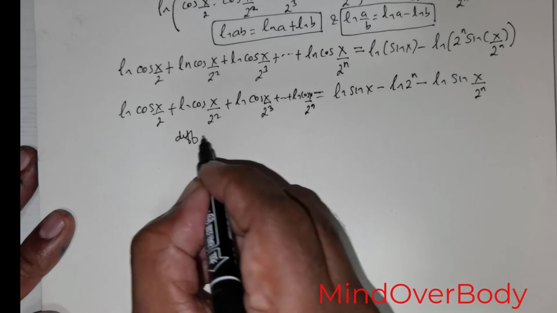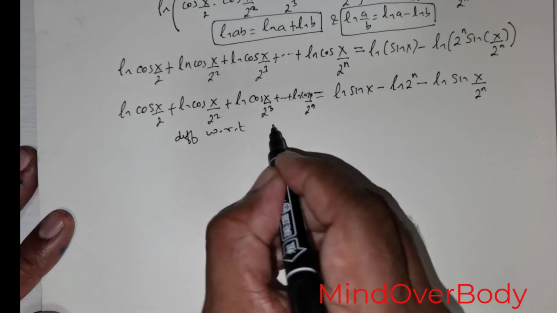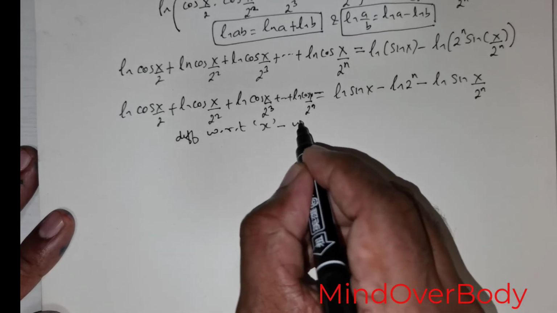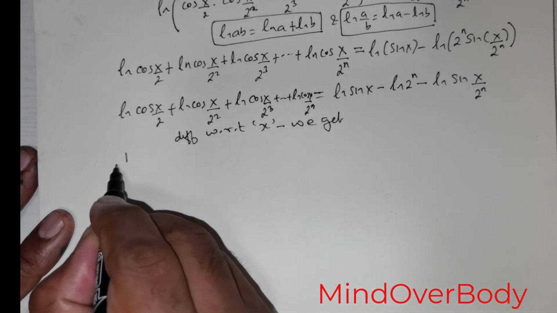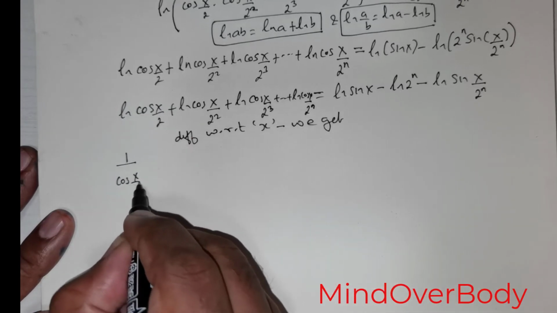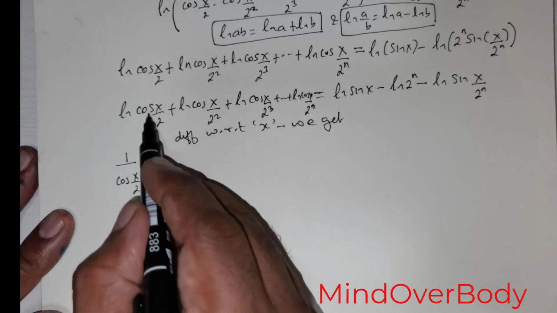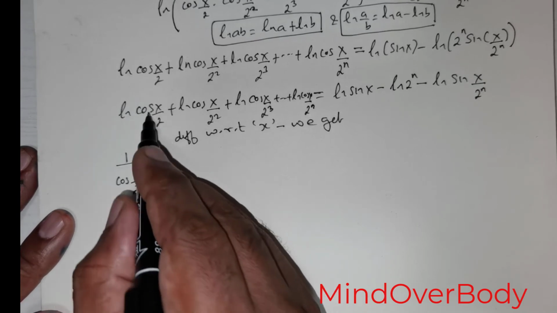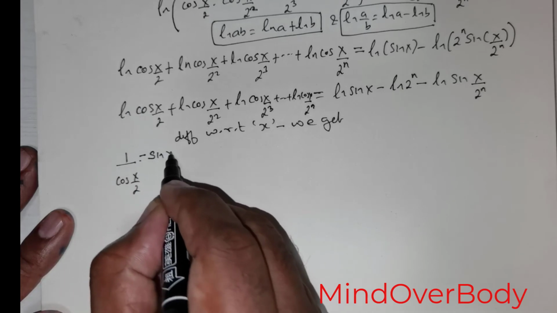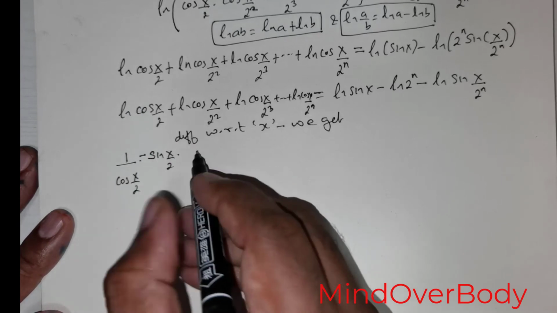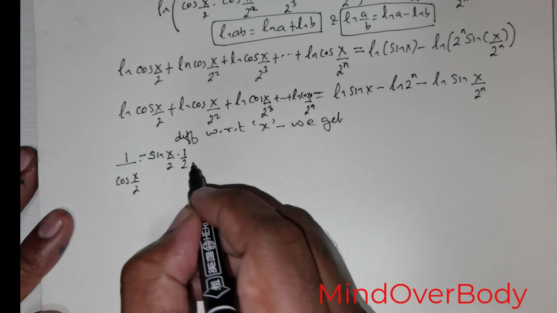So differentiating with respect to x, we get, so differentiation of this is going to be 1 over cos of x over 2 times differentiation of cos, that's negative sine of x over 2 times differentiation of x over 2, that's going to be 1 over 2.